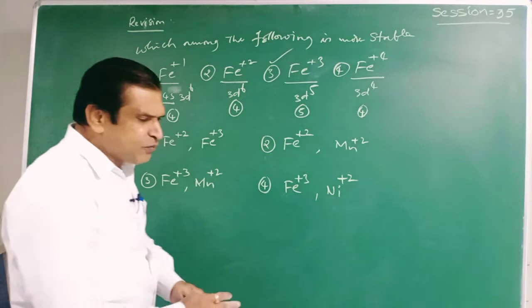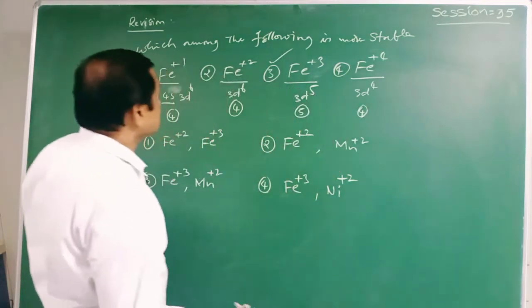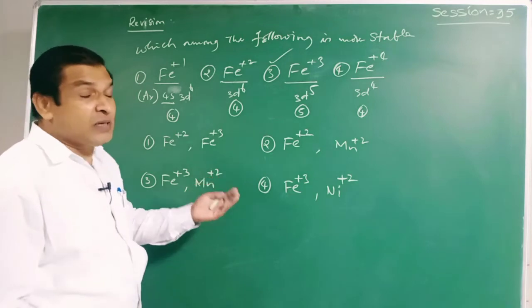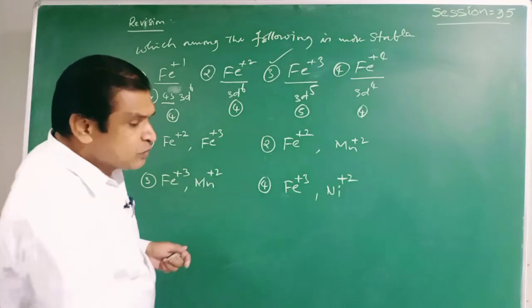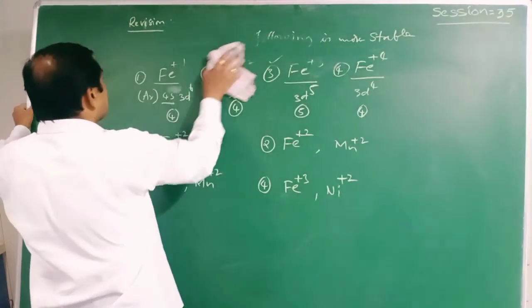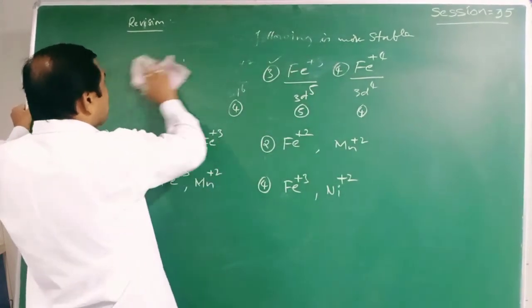You have to identify the species which contain the same number. See, magnetic moment means what? Once again, let me explain the formula for how to calculate magnetic moment.